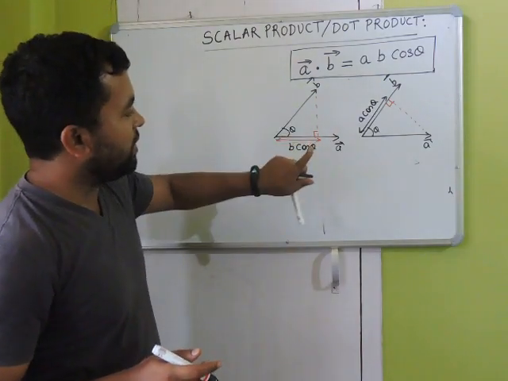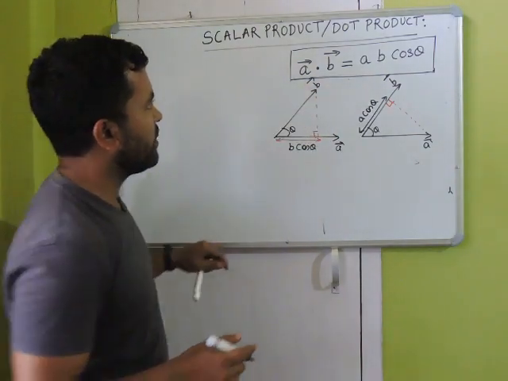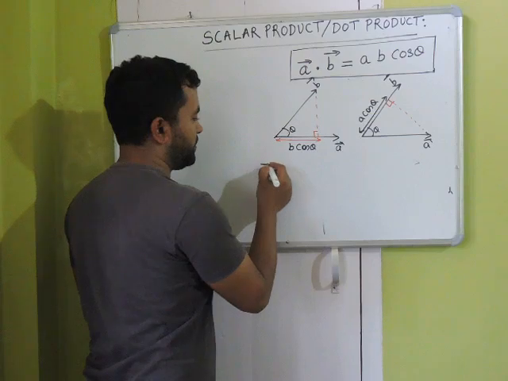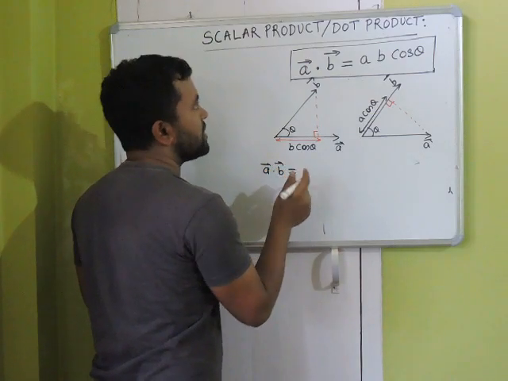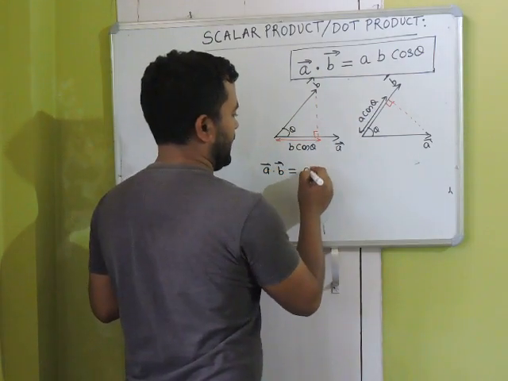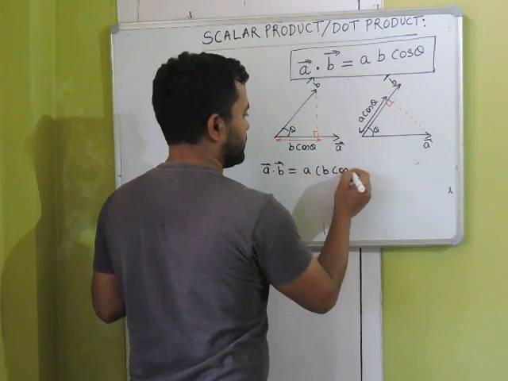Now just have a look at this and this one by one. This A dot B, you can see I can write as A times B cos theta.